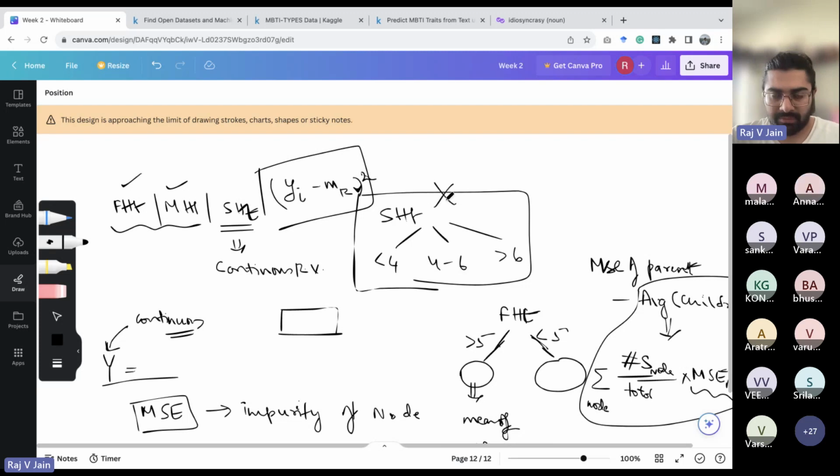We make the difference between these two classes of problems in supervised machine learning based on what we want to predict. Is the predicted variable continuous, or is it discrete in some sense? It can be ordinal also, but if it is discrete, it's termed classification. If it is continuous, we term it regression. So decision tree is an algorithm which we can use for regression as well as classification. Yes, correct. Okay, thank you.